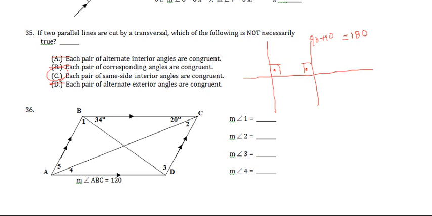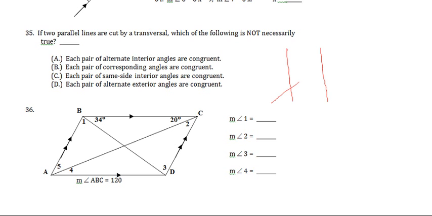But that's not always the case though. There are lots of examples where we have parallel lines cut by a transversal and these two are not the same degree. So you've got to make sure they can sometimes be congruent, but they're not necessarily always true.